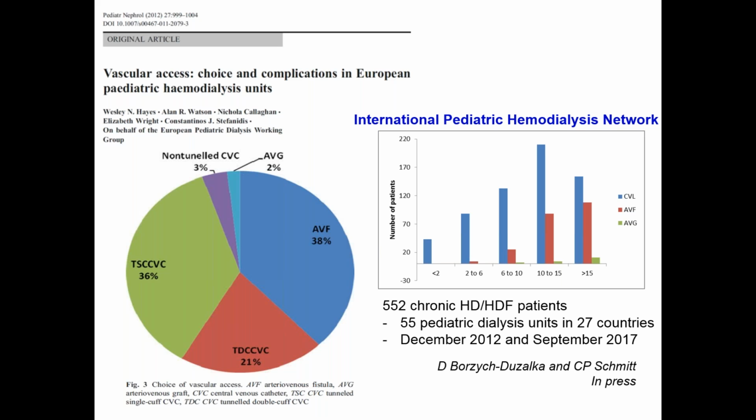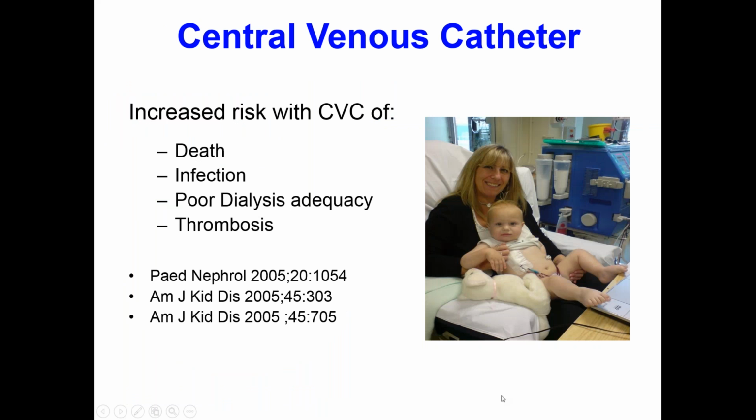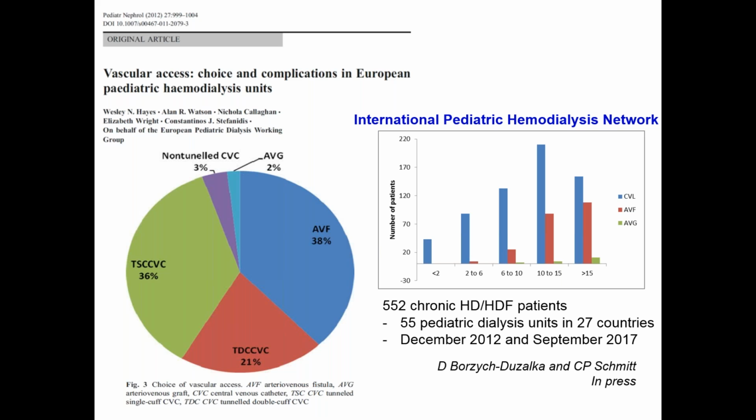Now, the International Pediatric Hemodialysis Network, the IPHN, is soon going to be publishing their data. They have shown that out of 550 chronic hemodialysis patients across 55 units around the world, the prevalence of, I'm sorry, you can't see it very clearly on there, but the blue is clearly the central venous lines, the red are the arteriovenous fistulas, and the green the arteriovenous grafts.